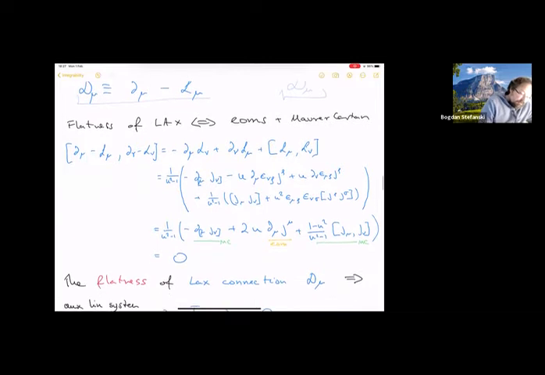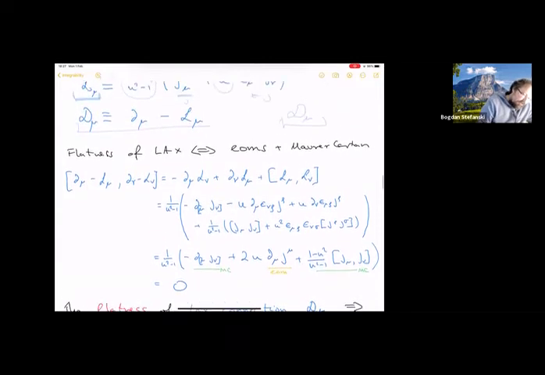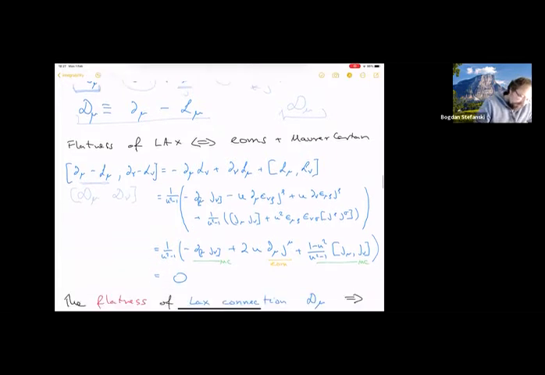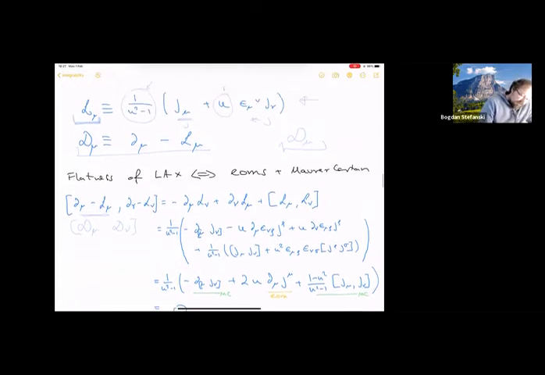Now, I want to show you explicitly how that works. So I'm going to calculate the commutator of D mu and D nu and see that this is equal to 0. So let's plug in. We're going to get some terms which are just proportional to one power of J. Here is the first term.